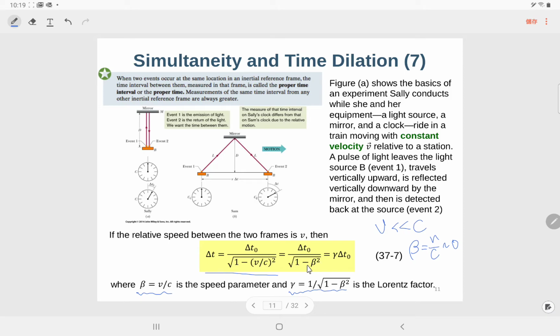So for normal life, we actually don't move quite fast relative to the speed of light. So we didn't feel this effect in the past. But something like 120 years ago or 115 years ago, Einstein made this kind of thought experiment.